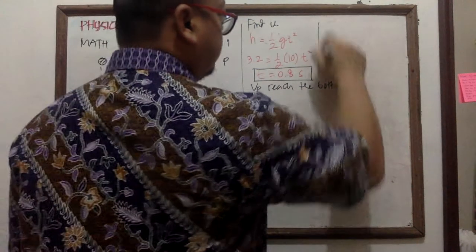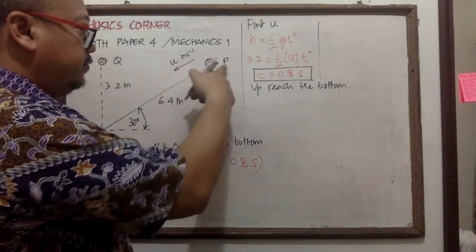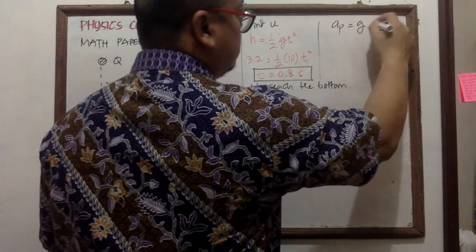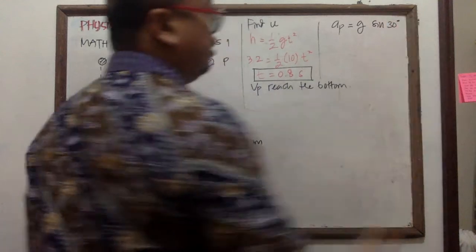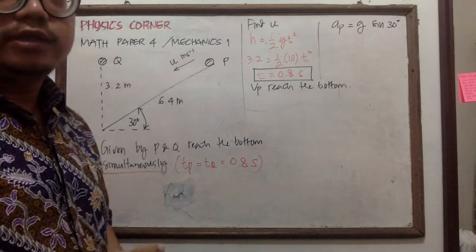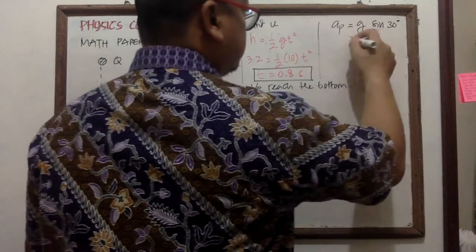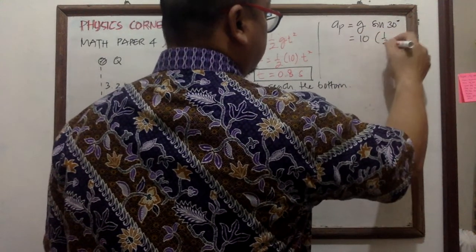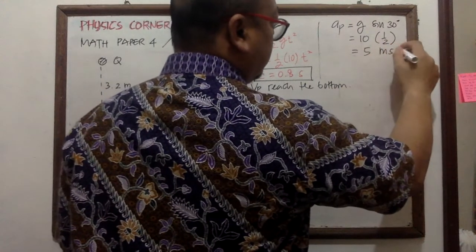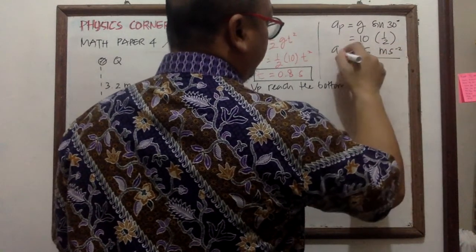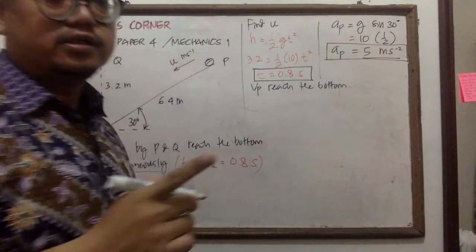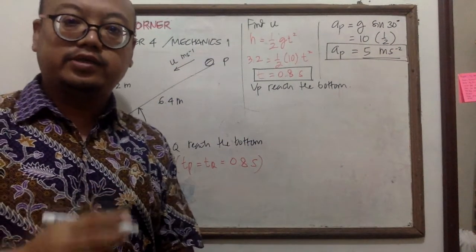We need to find the acceleration of P. AP equals g sine 30, on the slope going down. G, let's say this is 10, sine 30 is a half, so this is 5 meters per second squared. Okay, we get the acceleration of particle P is 5 meters per second squared.